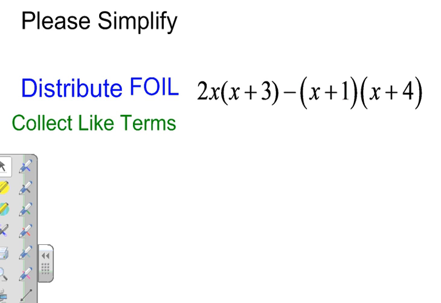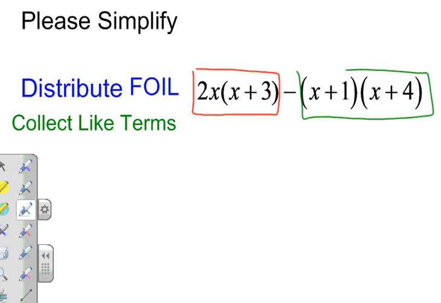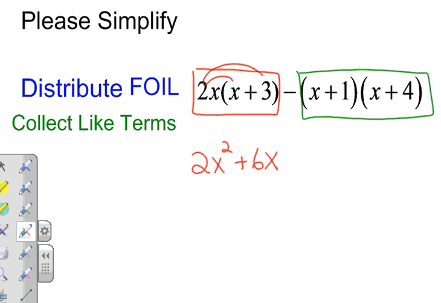So let's see. This part of the problem we will need to distribute, and this part of the problem we will need to FOIL. For distribution, we're going to get 2x times x is 2x squared, because the exponents add, plus 2x times 3 is 6x. This minus sign is not an organizational box, so it's pulled down.